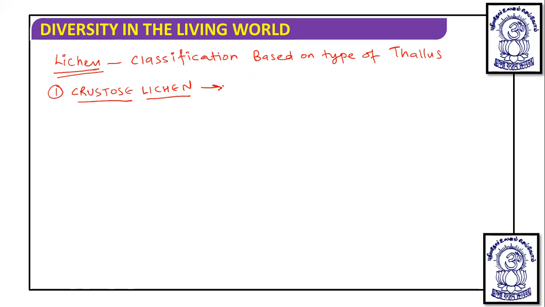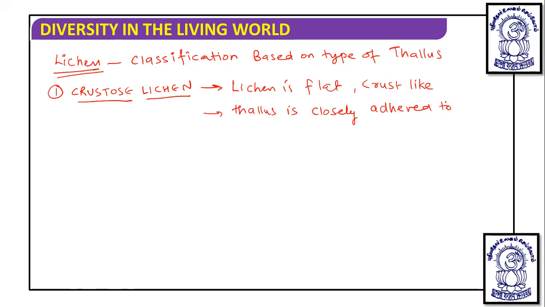In this crustose lichen, if we see, the lichen is flat. Its thallus is flat and it is crust-like. This crustose lichen, its thallus is found to be closely adhered to substratum, and that is specifically rocky substratum.